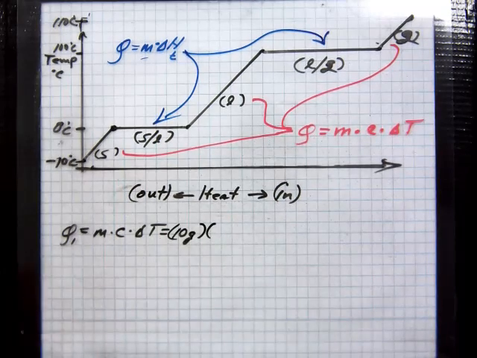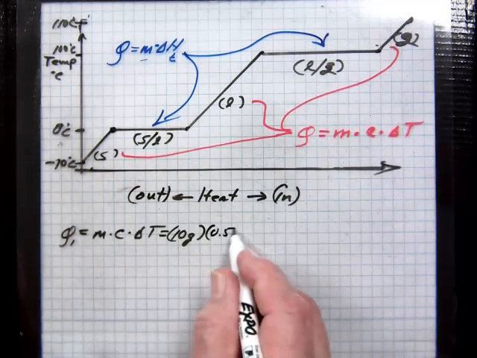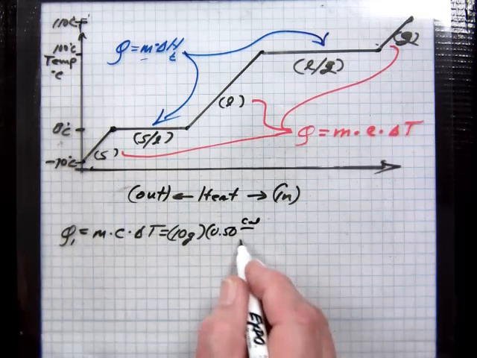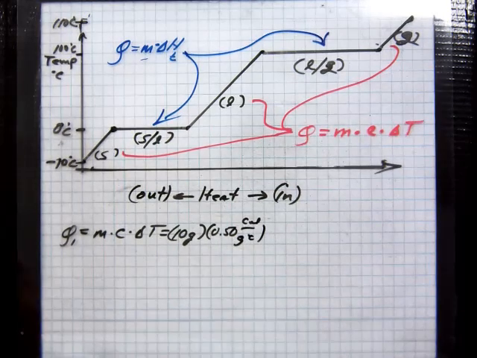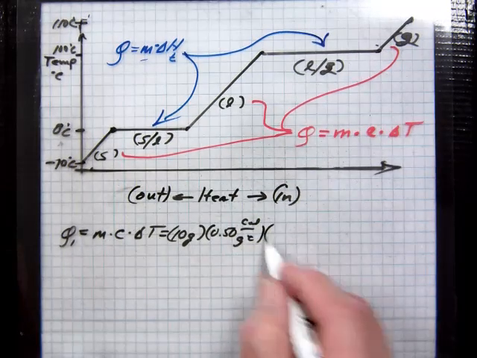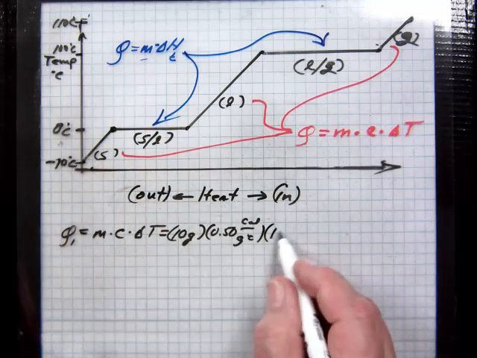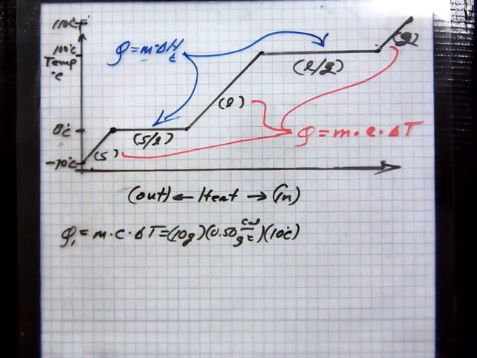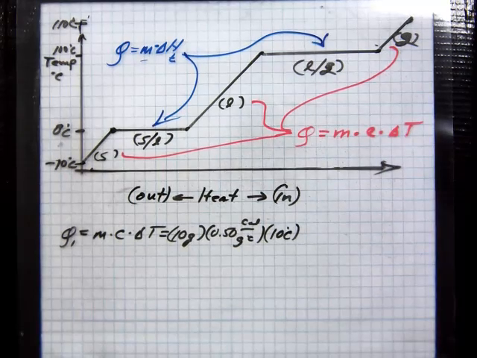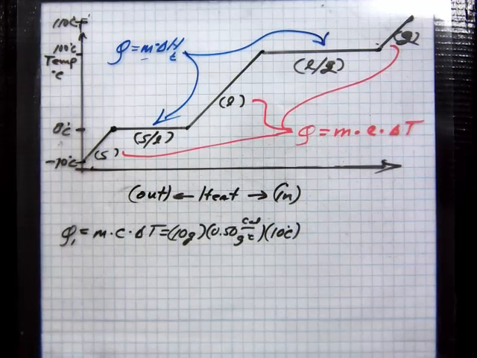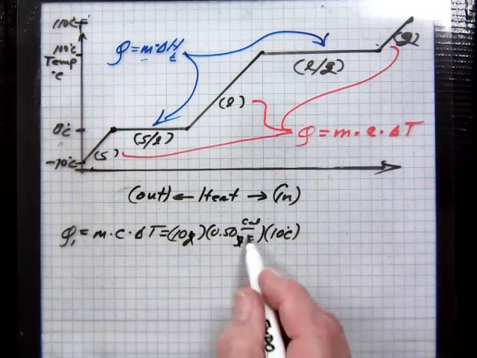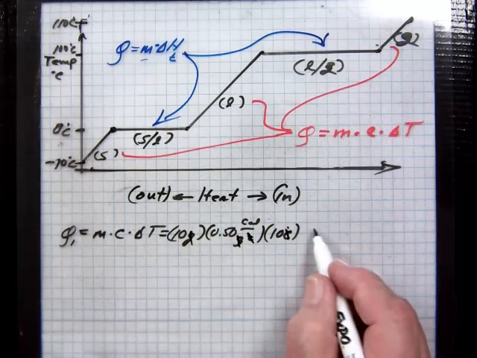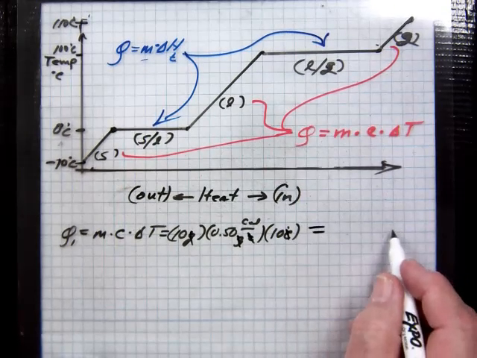Specific heat of the ice is 0.50 calories per gram degree C. That's a given. And the delta T is 10 degrees C, as we went from minus 10 to 0. Grams will drop out, Celsius will drop out, and you have 50 calories.